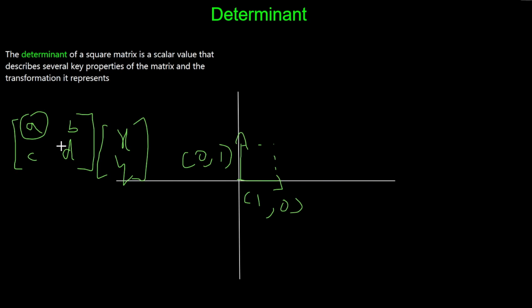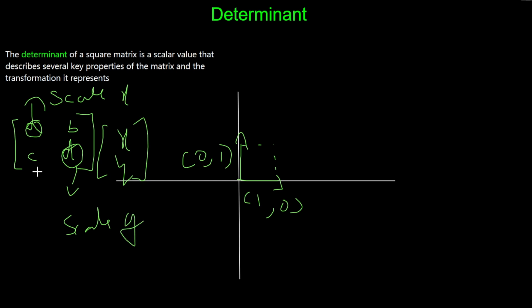Similarly, A represents scaling on the x-axis, and D represents scaling on the y-axis. So what do B and C represent? In the previous case they were 0.